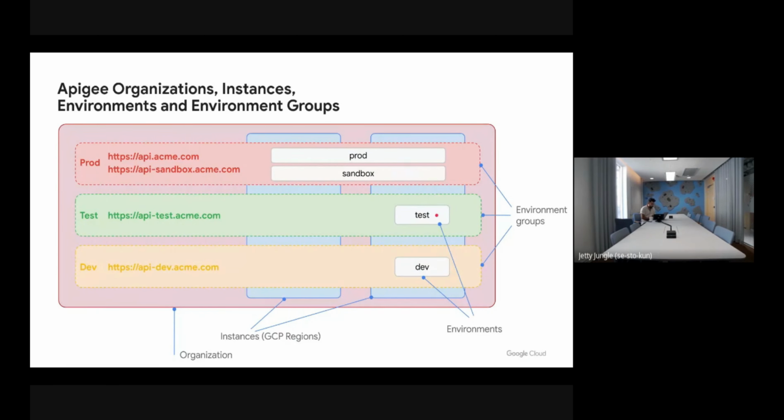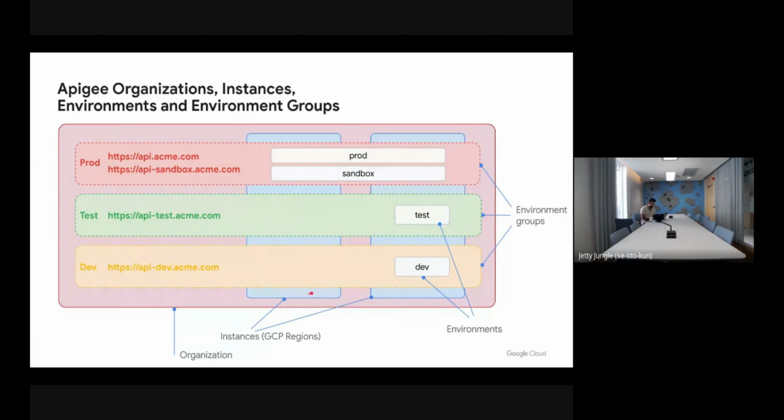And here you see we have environments within those environment groups. So dev is one environment within this dev environment group. This is the test environment. And in production, we have configured 2 environments in one environment group, which is production and sandbox.